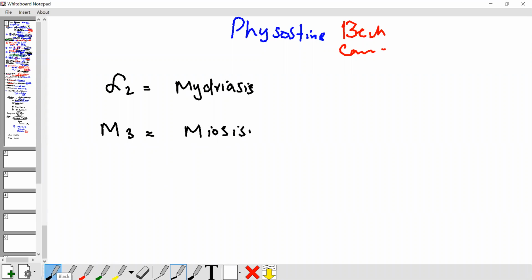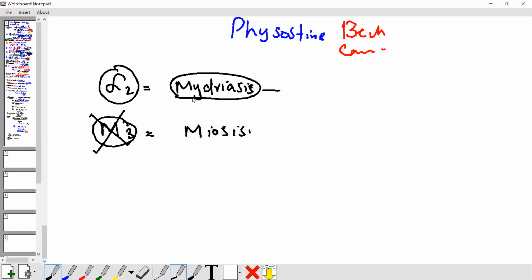Meiosis. If we're using a drug for alpha 2, epinephrine, norepinephrine, these drugs directly cause mydriasis. If we're using pilocarpine, an agonist, again meiosis. If you block this, then what happens? Only mydriasis, no meiosis here.